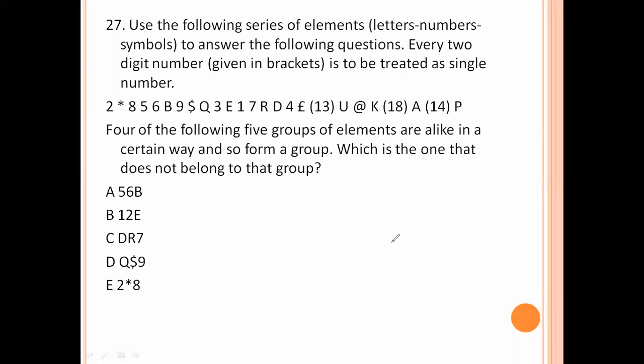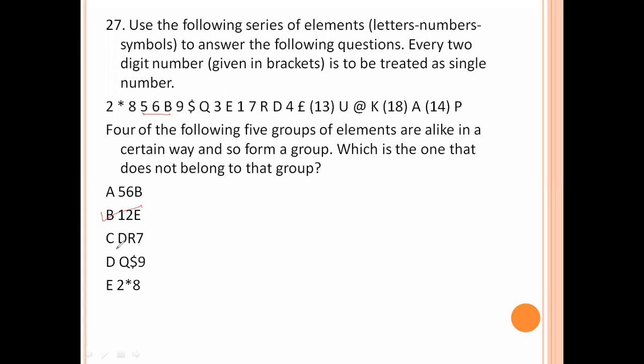Use the following series of elements to answer the following questions. Every two-digit number is to be treated as a single number. Four of the following five groups of elements are alike in a certain way and so form a group; the one that does not belong to that group is the answer. 5, 6B, consecutively there. 1, 2E, that is continuous, not there.